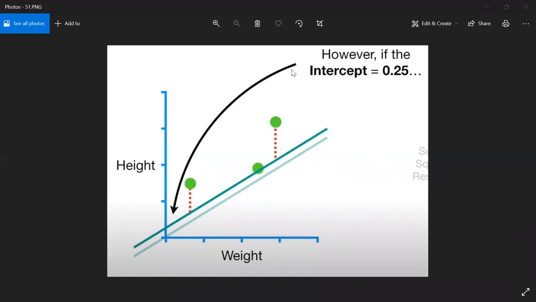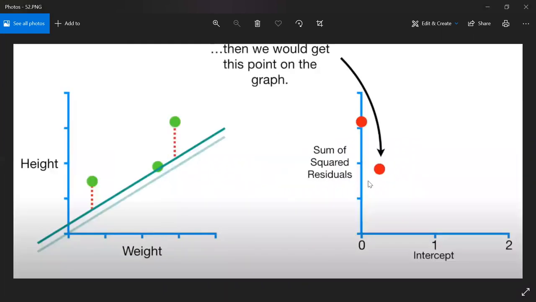Everyone, just give a quick confirmation. I'm just trying to increase the intercept from 0 to 0.25, and I'll get another cost function value for this 0.25. With the same calculations, I need to compute all the residuals again.